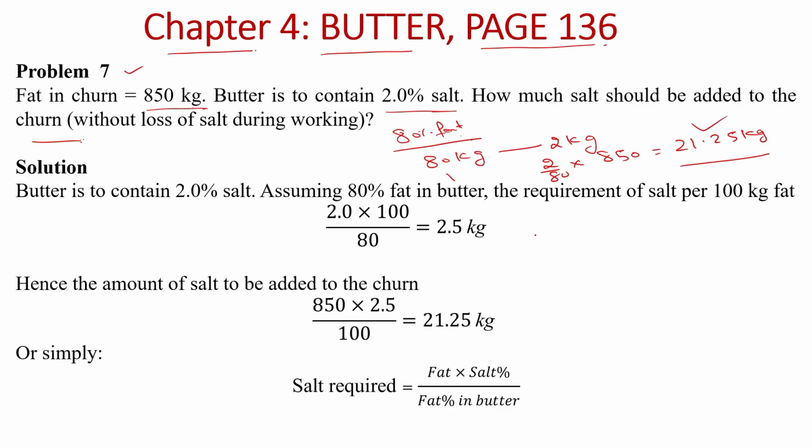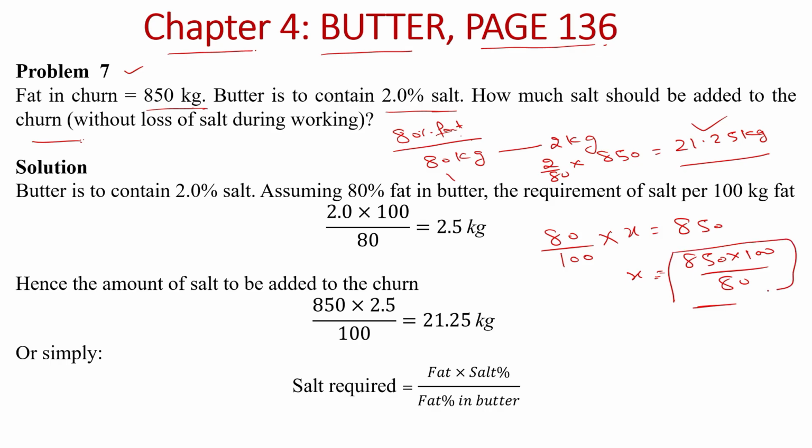Another way that you can calculate, you can first calculate the amount of butter in the churn. So the amount of butter, say 80% of the total quantity, will be equal to 850. So this way you have 850 into 100 divided by 80, and this is the amount of butter that has been obtained.